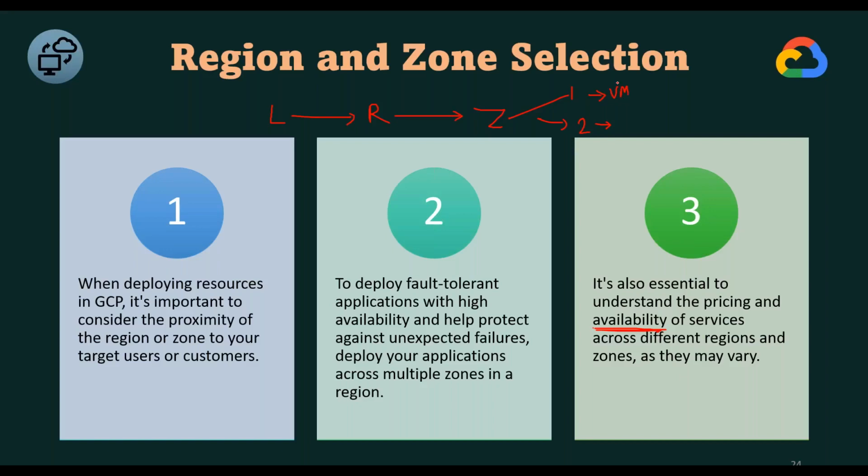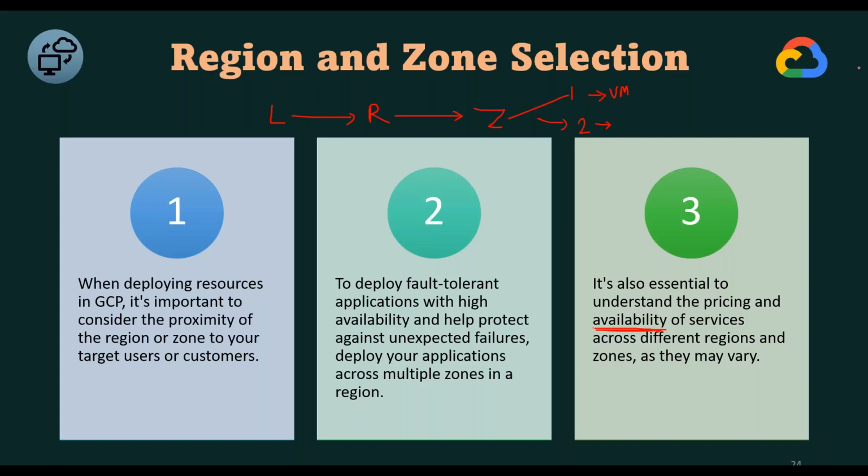Don't think that because zone 1 has a VM, zone 2 will also have a VM. It may have it, it may not. So we have to make sure about the availability of the resources across regions and zones, because it may be available, may not be available. The cost may be the same or may not be the same. So that is one more important aspect that we have to take care of.